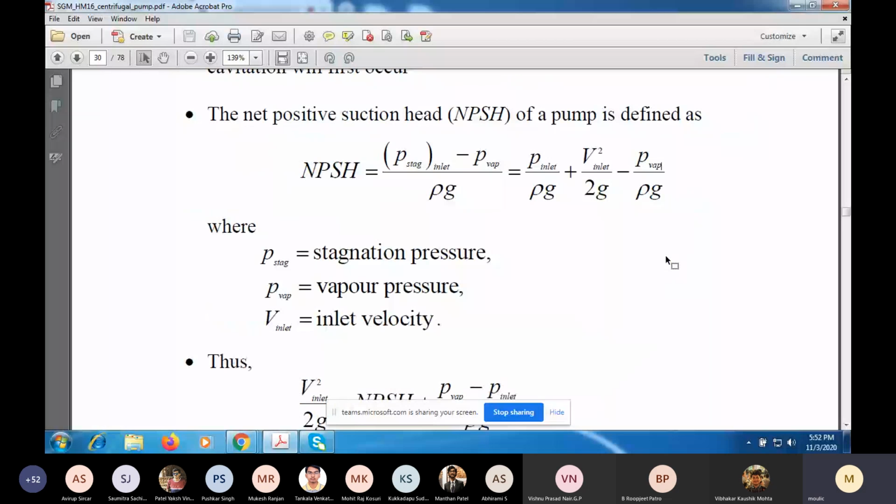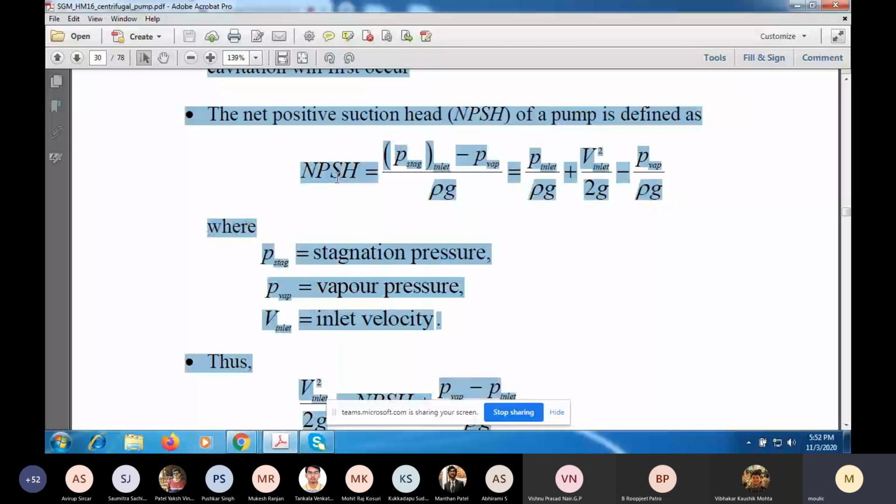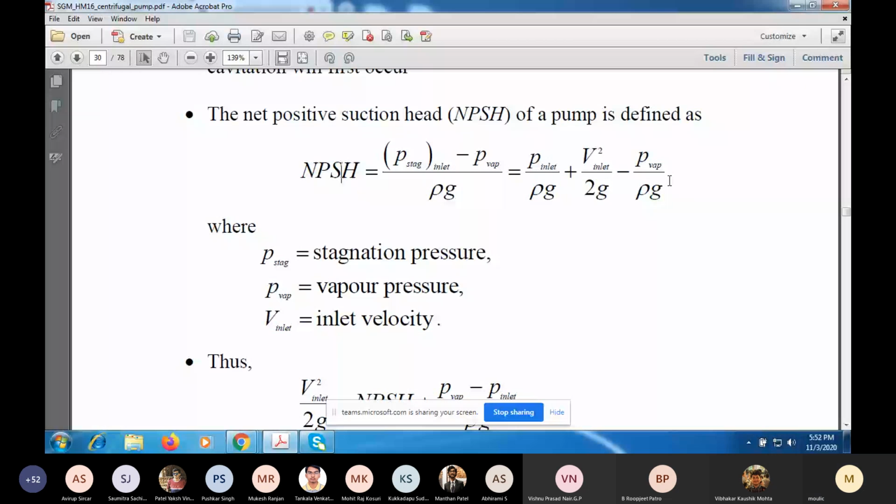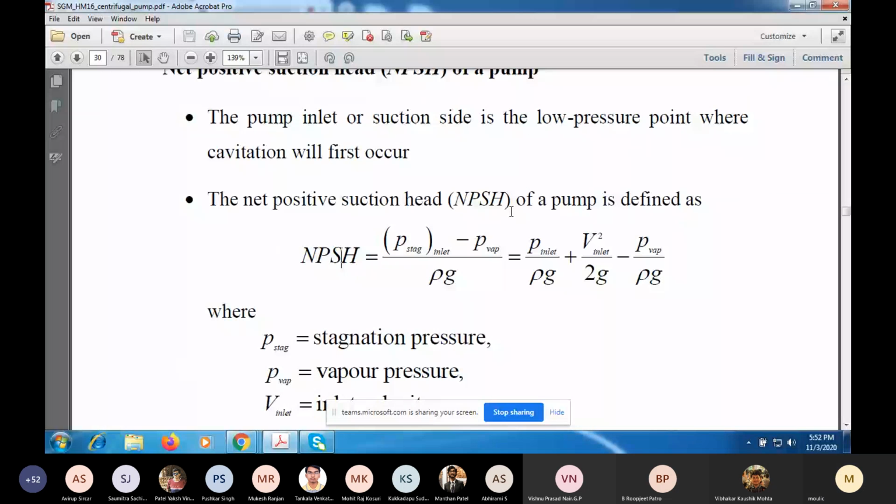So this is what you call net positive suction head. And this must be greater than some minimum value, so that cavitation does not occur. So if this NPSH falls below a critical value, some minimum value, then cavitation will occur, which is undesirable.